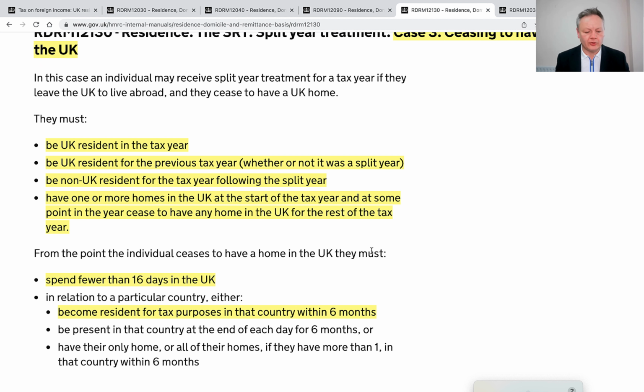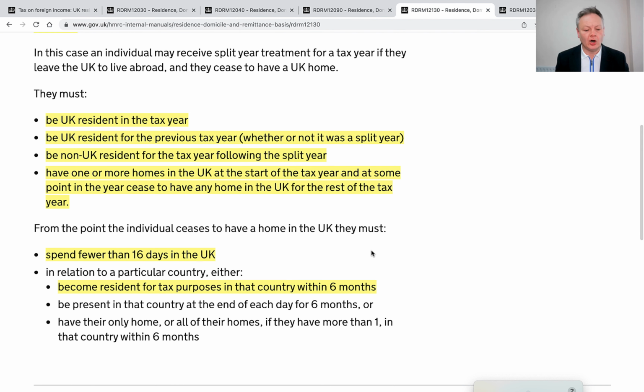We've also got the point of being non-UK resident for the year following the tax year. So we're looking forwards now and saying we are not going to be UK tax resident. I might be moving to Spain, and therefore my home is there, my work or my business activities are there. I'm not going to be UK resident for tax purposes.